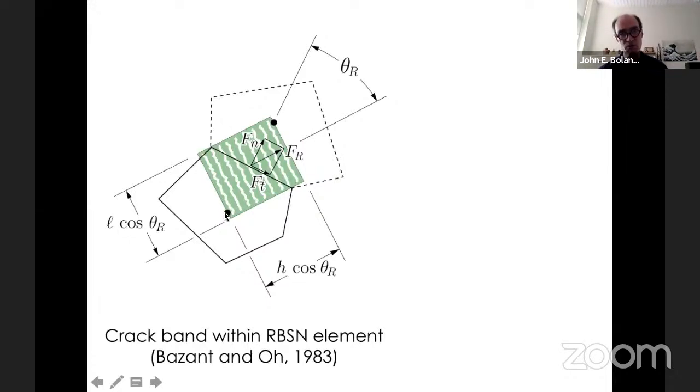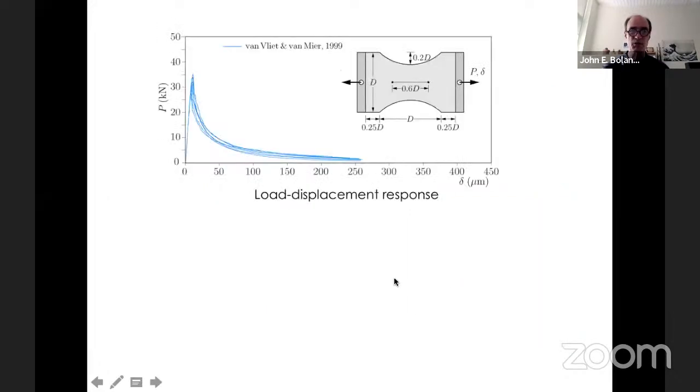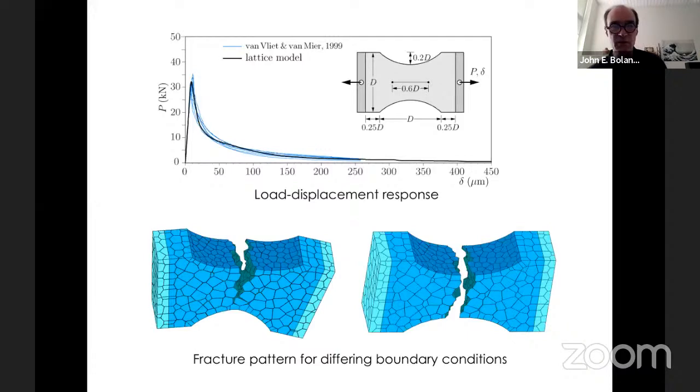So the bounds this way are the nodal points. The bounds this way are the tips of the common Voronoi facet. So in this way, we can compute stress and then soften the material according to a prescribed softening diagram. And in doing this, we can nicely model softening for the uniaxial tension case.